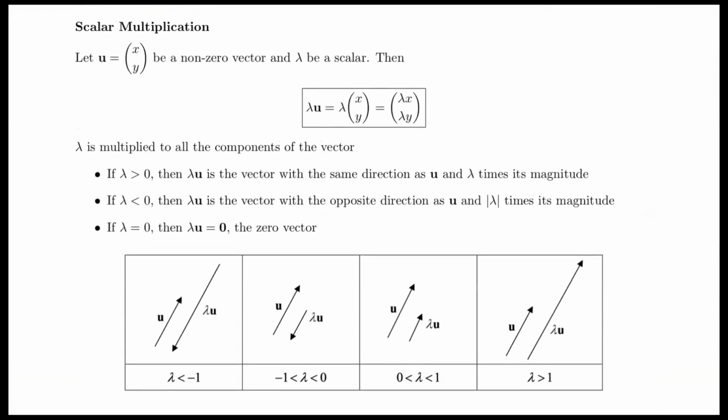Next, scalar multiplication. For scalar multiplication, you need to understand the effect of the scalar. If it's greater than 0, you're still moving in the same direction, but you're making the vector either longer or shorter. Longer if the lambda value is greater than 1. Shorter if it's like 0.5, obviously you'll be shrinking the vector.